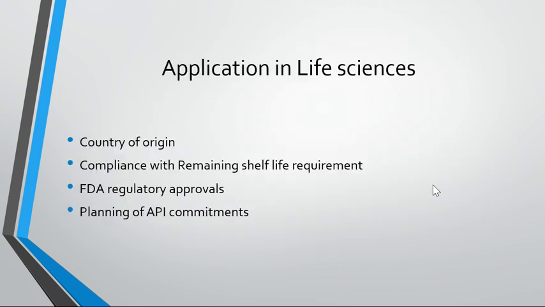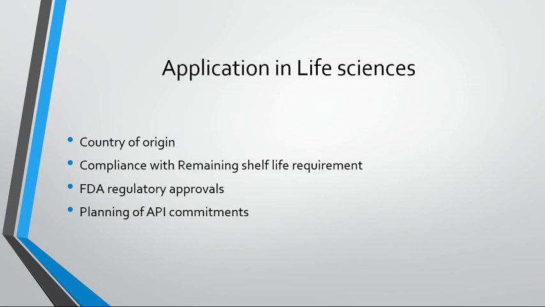So the application in life sciences, these are the things you normally hear from your clients in the life sciences industry, like what is the country of origin. Okay, what is the shelf life? Remaining shelf life. Sometimes customers need some fixed shelf life, at least there is some specific requirement.